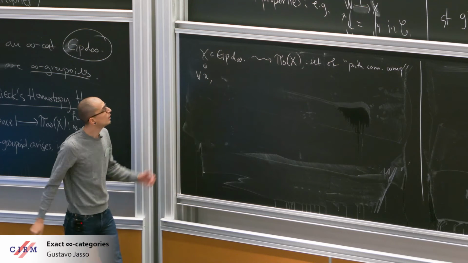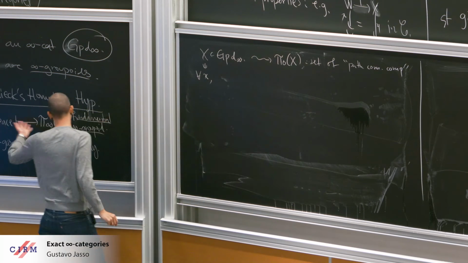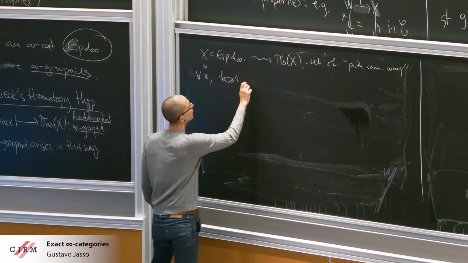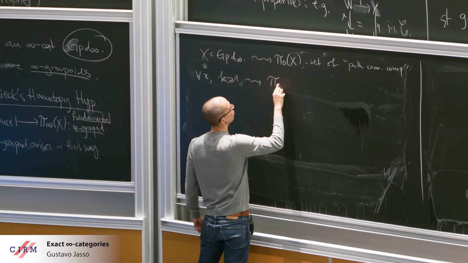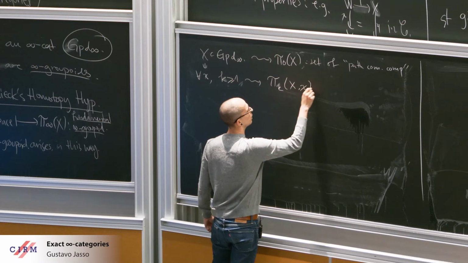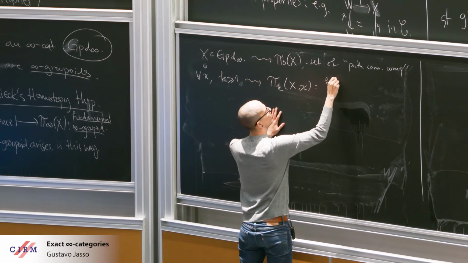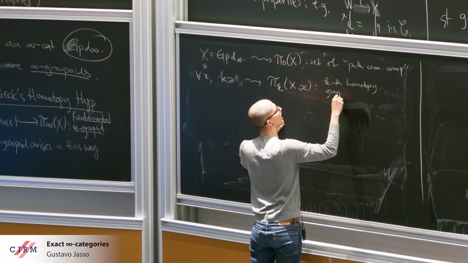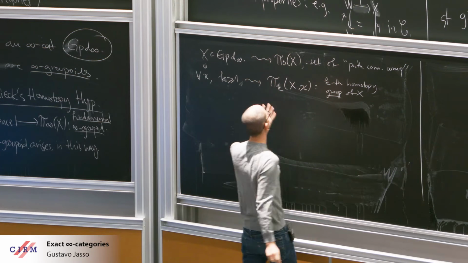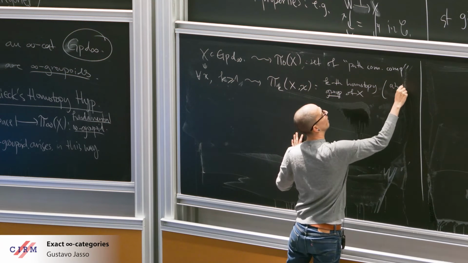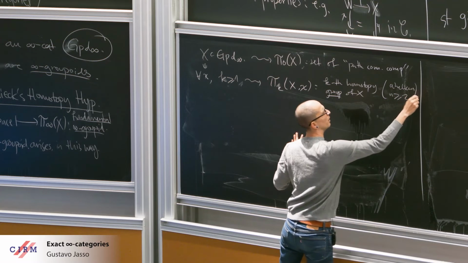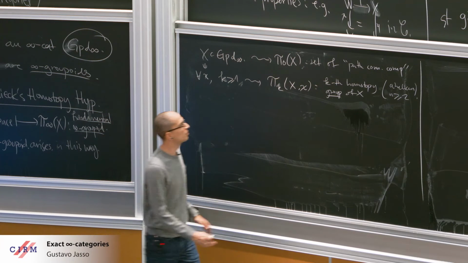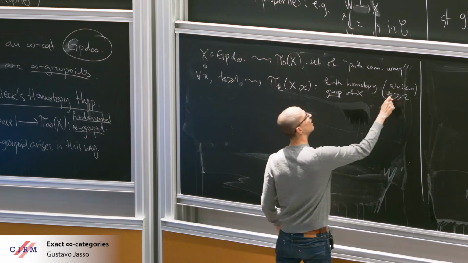For every point in this infinity groupoid, I think of it as a kind of space by this translation procedure. For every natural number k, I obtain a group, just as in topology, called the kth homotopy group. It is abelian if k is at least 2, just as in topology.